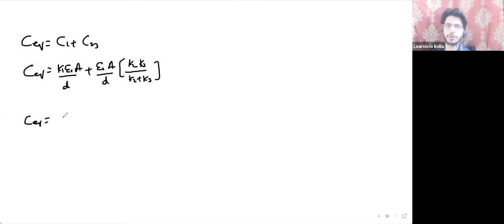For C equivalent, you can take epsilon naught A by D as common, and you are left with K1 by 2 plus K2 K3 by K2 plus K3.